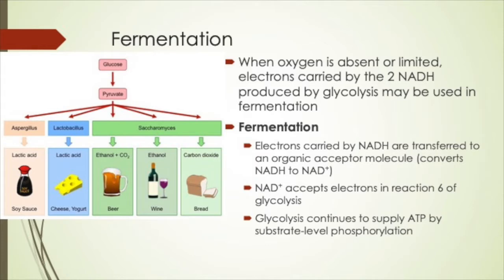Okay, so these electrons carried by those electron carriers, such as NADH, produced by glycolysis, may be used by fermentation. So they're transferred to an organic acceptor molecule, which converts that NADH to NAD+.